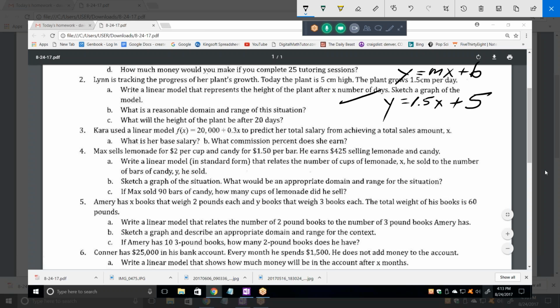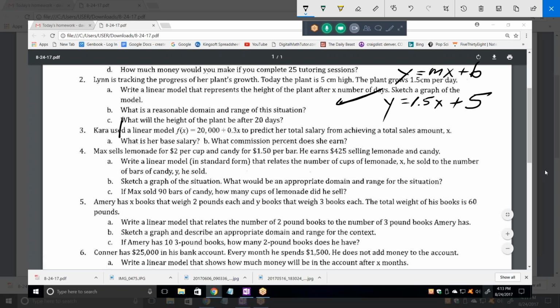What's 1.5 plus 5? 6.5. That's how high it would be after 1 day, right? Yeah. In other words, if it starts out at 5 and it grows 1.5 centimeters per day, what's it going to be after 2 days? 8 centimeters. Perfect. That covers 1 day, covers 2 days. You can assume we've got the right equation.